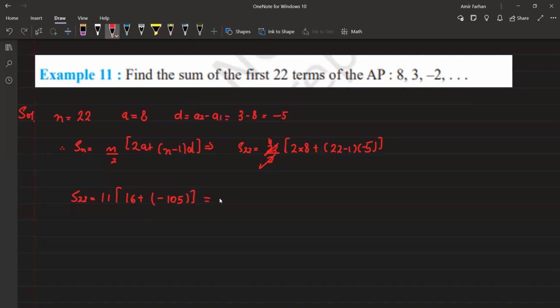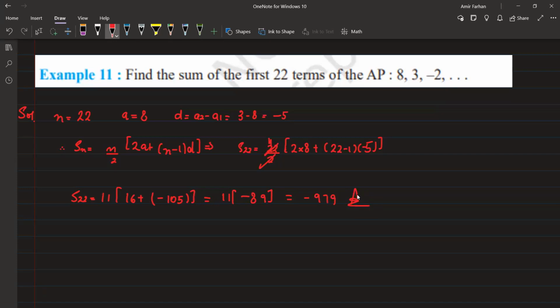So it will be 11 into 16 minus 105, which is minus 89. So 11 times 89 is 979, so it comes out to be minus 979.